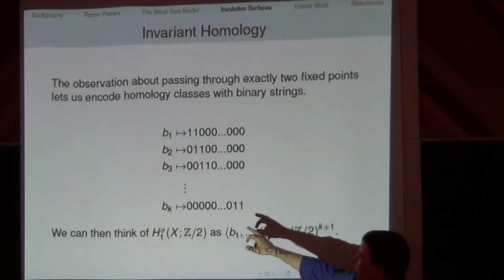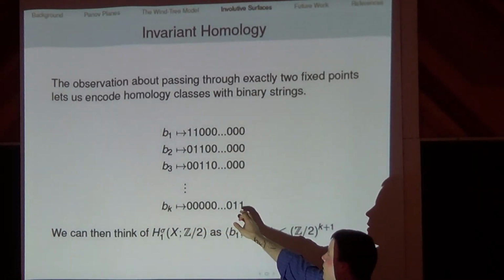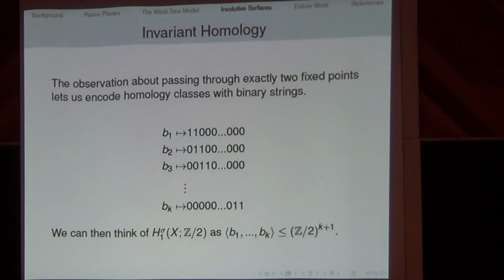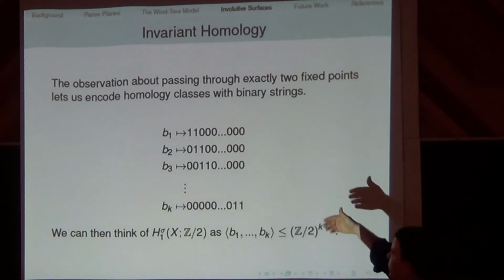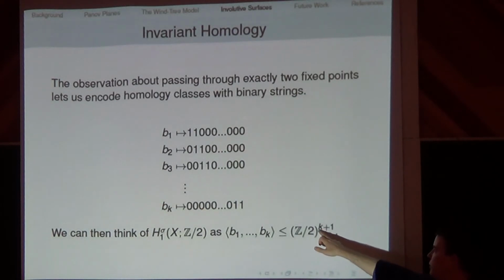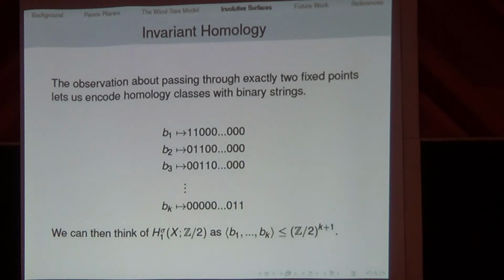Basically, I'm ordering all of the fixed points, and then I'm putting a 1 if the corresponding simple closed curve invariant under the involution passes through that particular fixed point. So you can write down this particular subspace of Z mod 2 to some k plus 1, and that represents your subspace of double covers that have a conjugate involution.